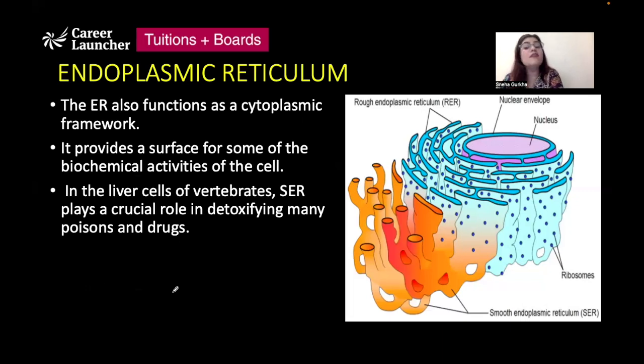And in the liver of vertebrates especially, smooth endoplasmic reticulum is involved in the detoxification function as well. So it plays a major role in detoxification of many poisons and drugs that are present inside the body.